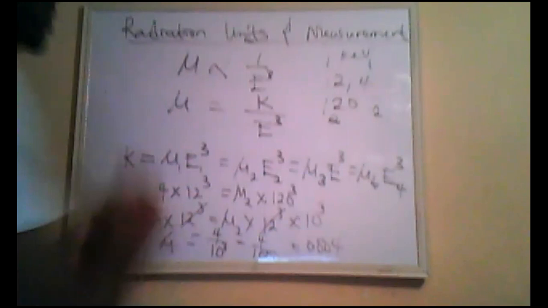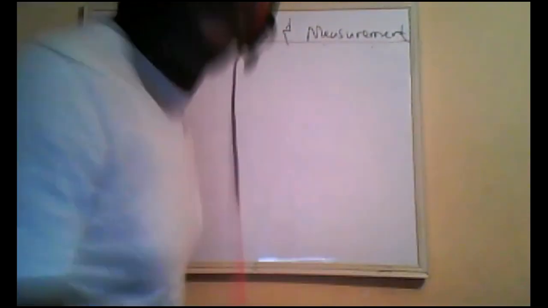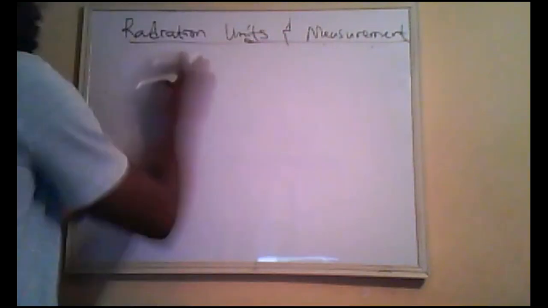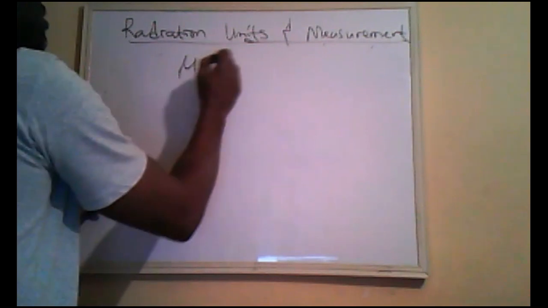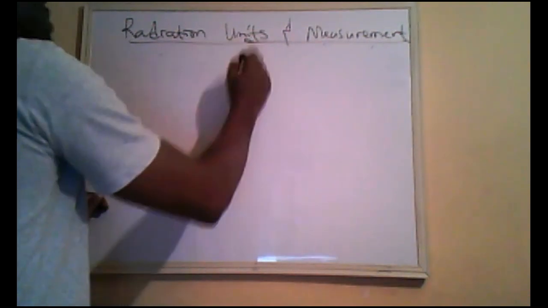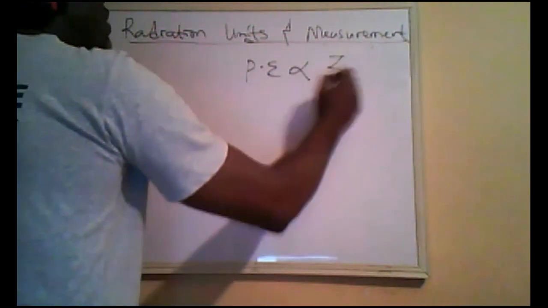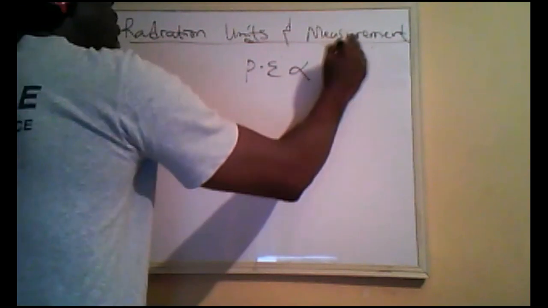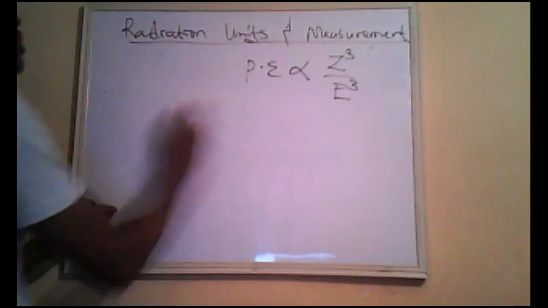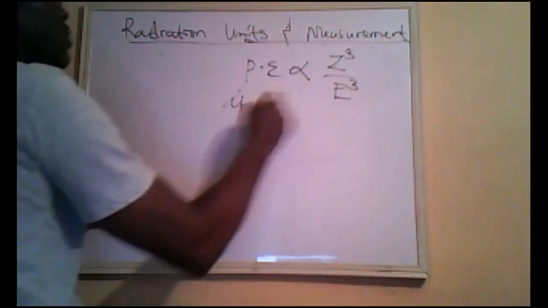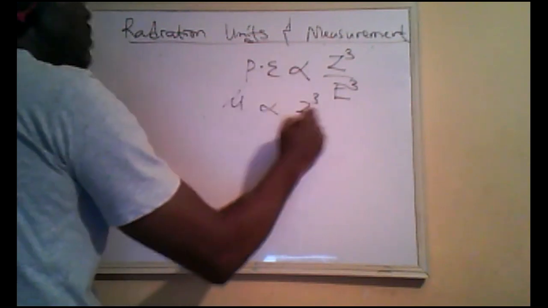The photoelectric effect coefficient is directly proportional to Z over E, so PE is proportional to the photoelectric coefficient.